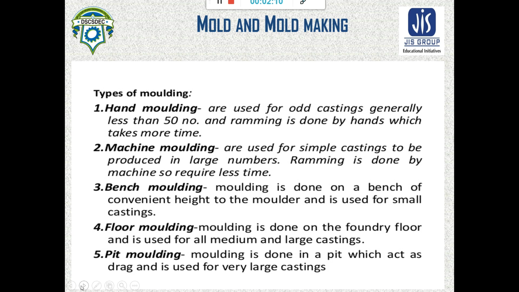Next, bench molding. What is bench molding? In bench molding, the molding is done on a bench of a convenient height for the molder and is used for small castings. So bench molding is done on a bench at some height from the floor. In floor molding, the molding is done on the foundry floor, and it is used for medium and large castings. For the casting experiment you have, for that type of small object we can take bench molding as an option.